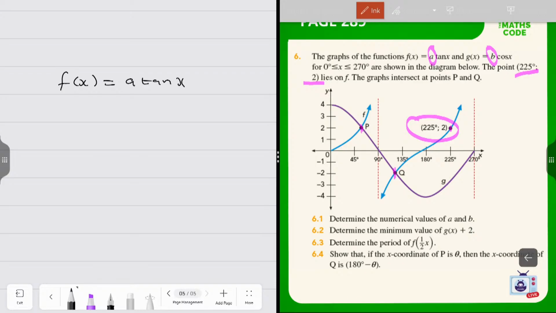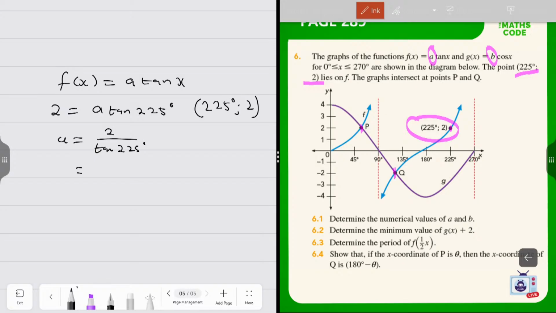And then you substitute whatever you have. For example, you have a point where you are given 225 degrees and 2. So you substitute that in: 2 equals A times tan of 225. Using your calculator, A equals 2 divided by tan of 225.